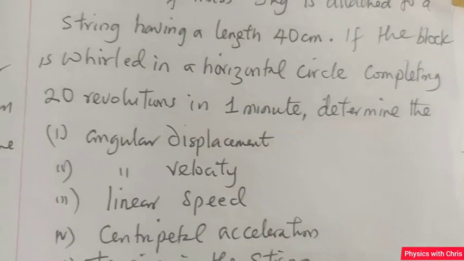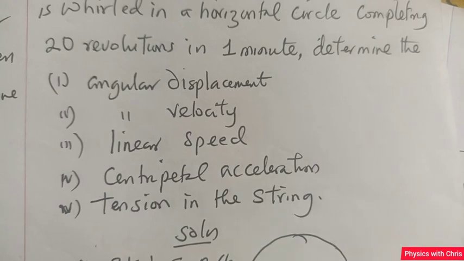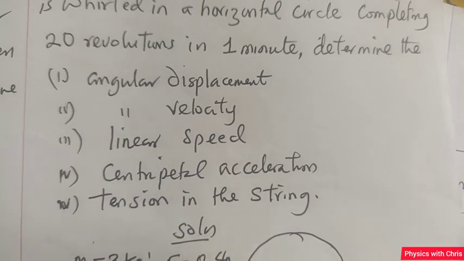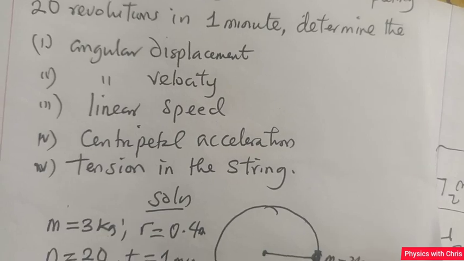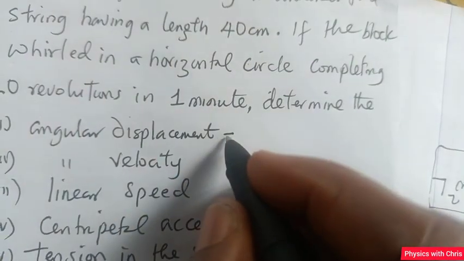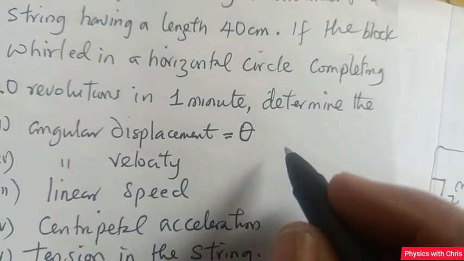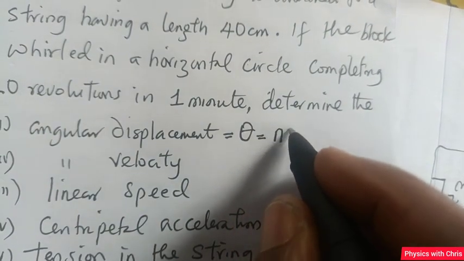Now the block is whirled in a horizontal circle and completes 20 revolutions, so the number of revolutions is 20, in 1 minute, so the time is 1 minute. First of all, we need to determine the angular displacement. For this angular displacement, theta, we use this symbol, it is equal to the number of revolutions multiplied by 2 pi.